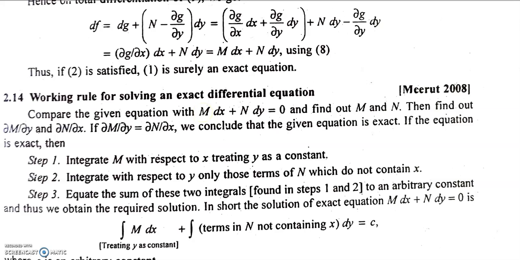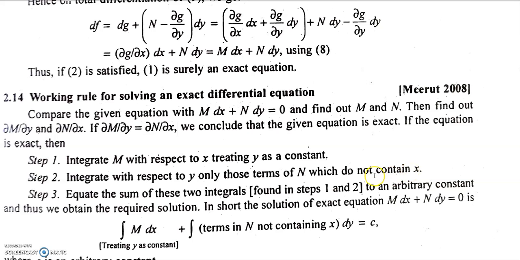Then if it is exact, the first step is to integrate M, the first function, with respect to x, treating y as constant, and step 2 is to integrate with respect to y only those terms of N which do not contain x.